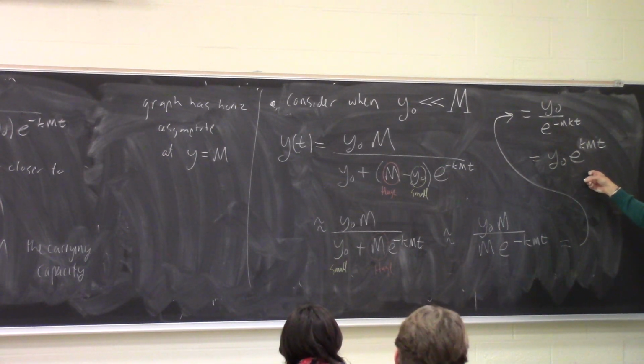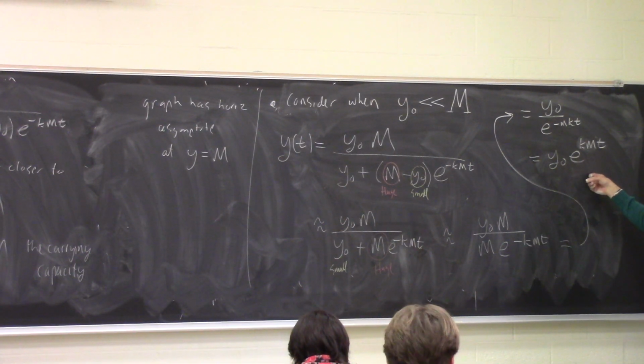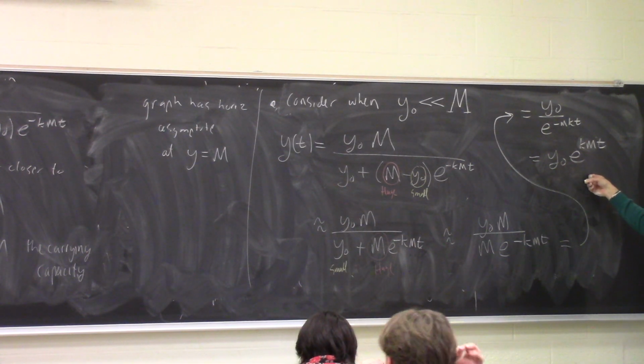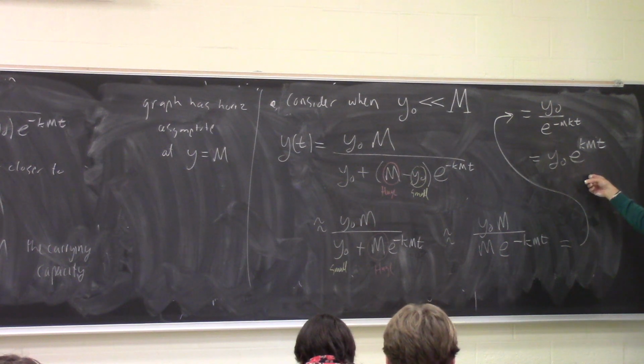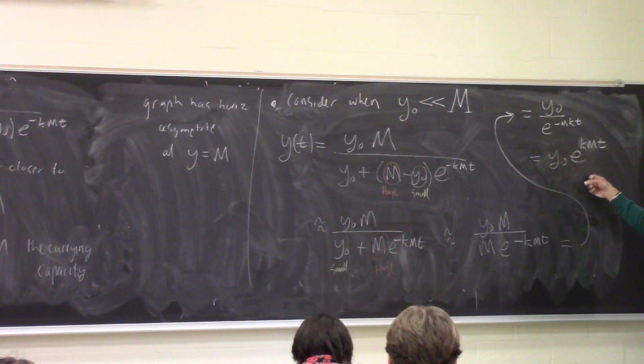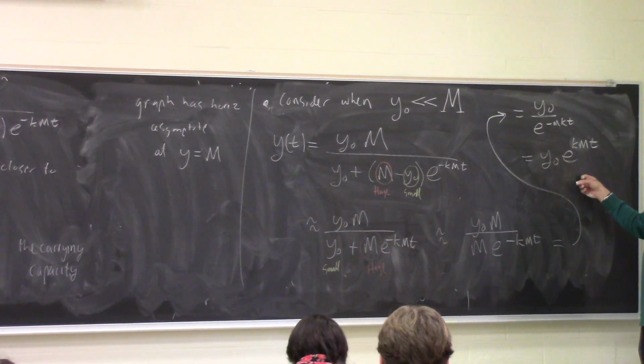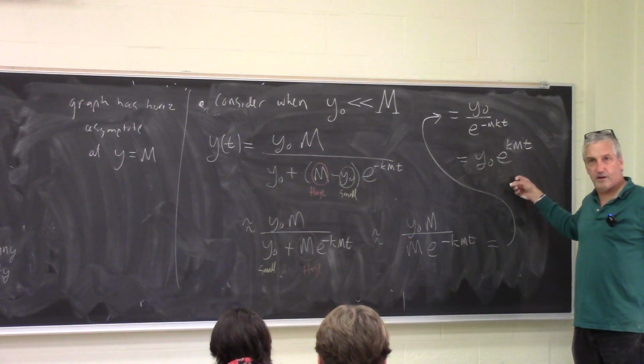Realize what that is? That's exponential growth. So when the dude steps off the boat in Australia with his breeding pair of bunnies, there might be a limited carrying capacity on the continent of Australia. But early on, his bunnies don't behave that way. Their population just grows exponentially.